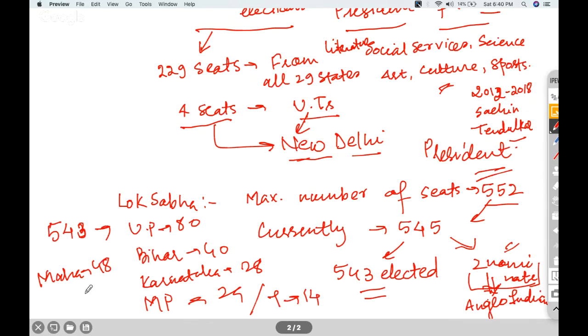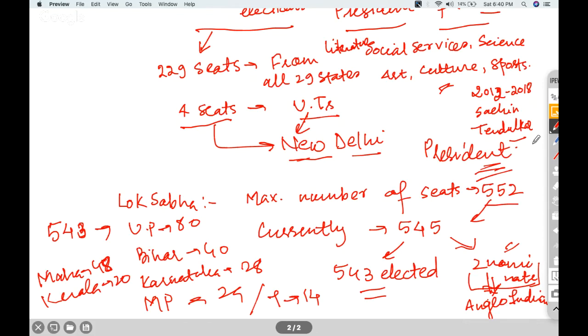And likewise, you don't need to remember it. I'm just showing you the bifurcation. Kerala, we have 20 seats. Gujarat 26. Tamil Nadu is again 42. West Bengal is 42. So nearly, this is the bifurcation. It can be one seat here and there, as far as I remember. So this adds up to 543.